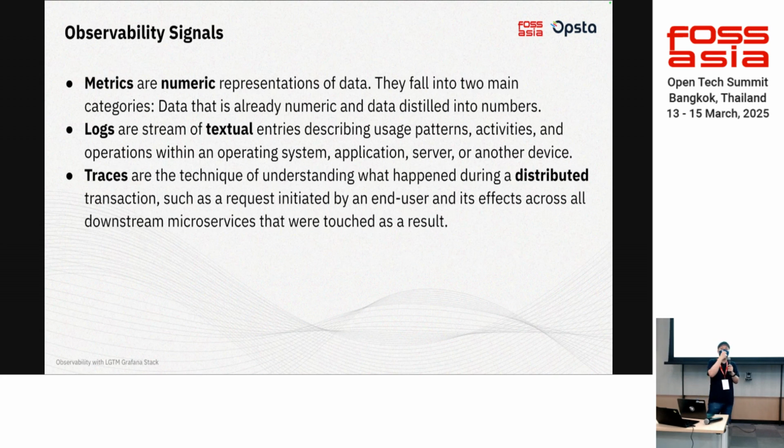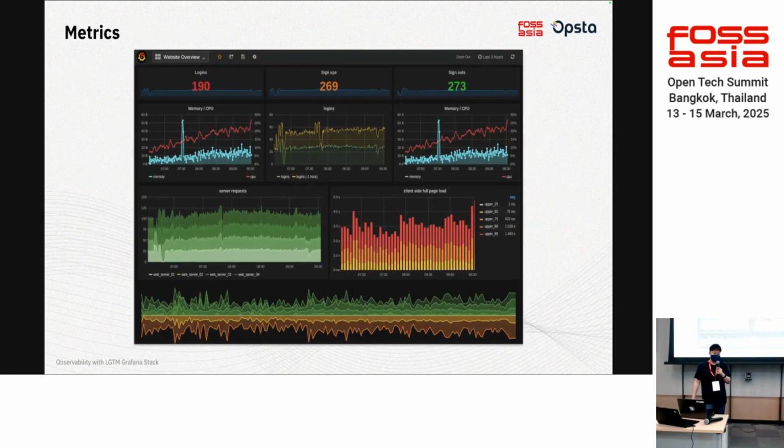Tracing is distributed. Distributed means that when you access something, the request jumps from one microservice to another microservice. This is tracing. I will go deeper into each one and show you examples of the observability signals.